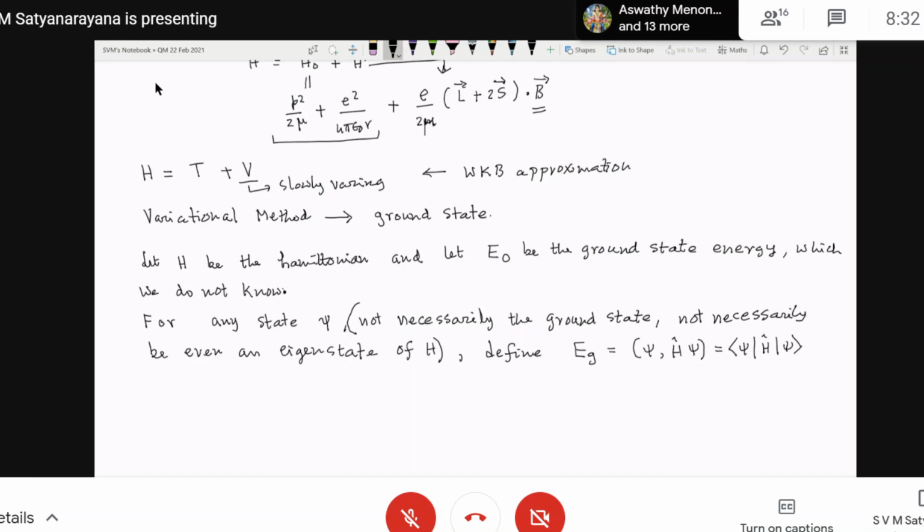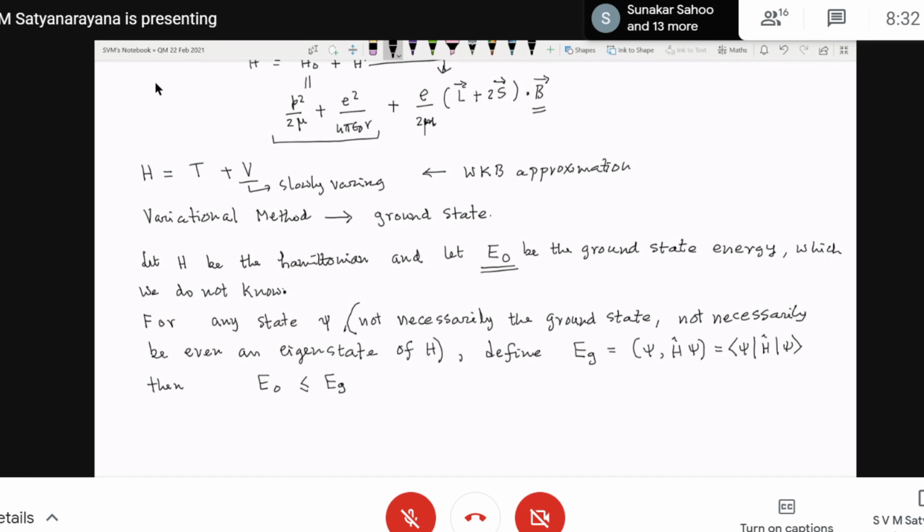Then your E0 has to be less than or equal to Eg. This E0 is the ground state energy that I have denoted here, which we do not know.